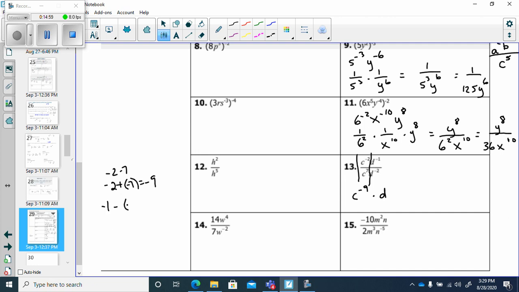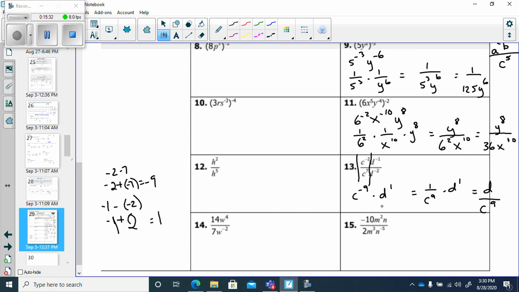When you're subtracting, add the opposite, and the opposite of -2 is a +2. Goodness, I didn't write that very well. That's -1 plus 2, which gives us 1, okay? D to the first. That would give me 1 over c to the 9th times d to the first, or just d. That gives me d over c to the 9th.